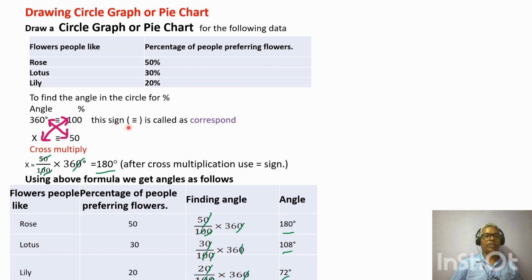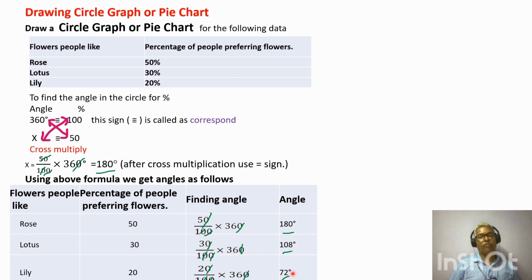Using the above formula, we get the angles as follows: for rose 50%, we get 180; for lotus we get 108; and for lily we get 72.